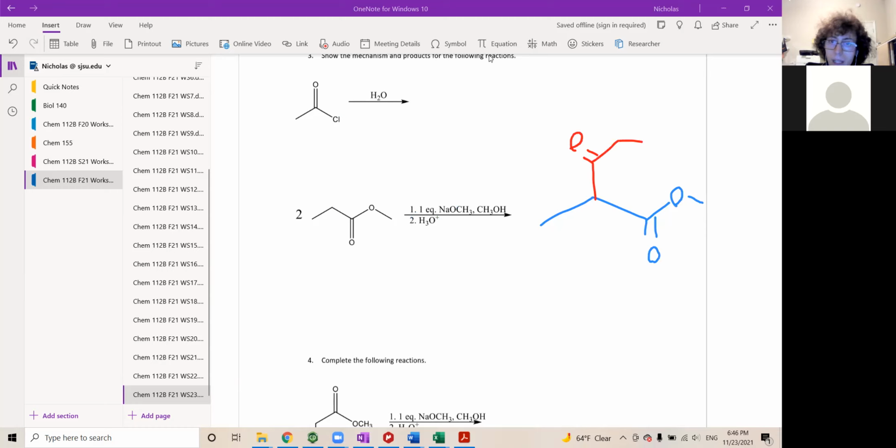So if we look at the ester here, this is the alpha position, and this is the beta position. So the ketone is beta to the ester in the final product.